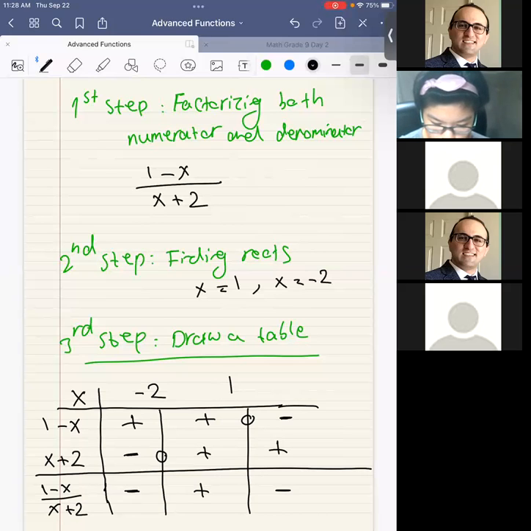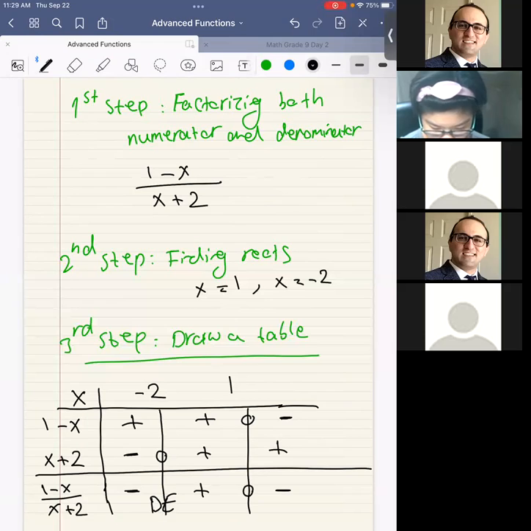We also have a restriction for the denominator. The denominator can't be 0, so the whole thing doesn't exist. I just put DNE when x is equal to -2. So x equal to -2 is not in the domain because of the denominator restriction. But when x equals 1, there is no problem, because the whole thing would be 0.